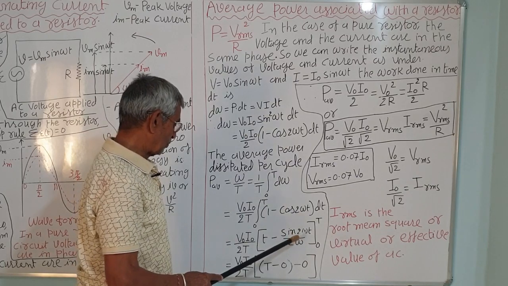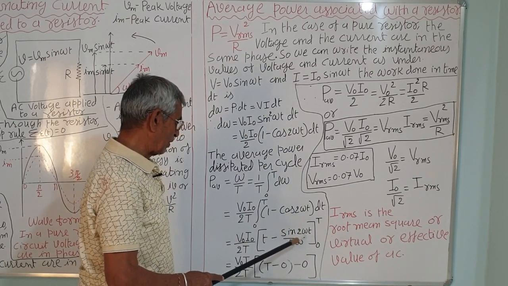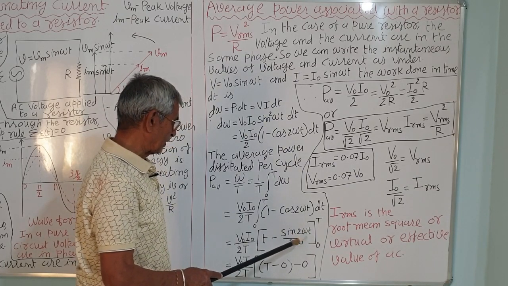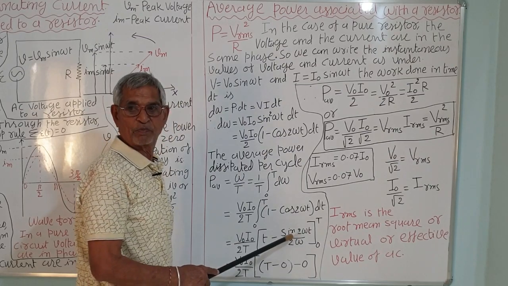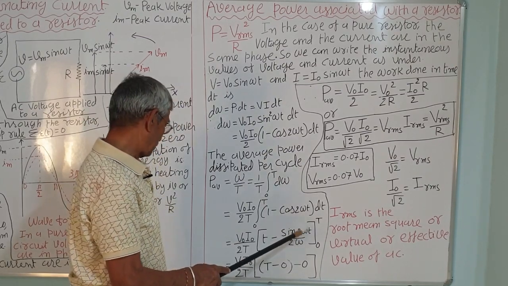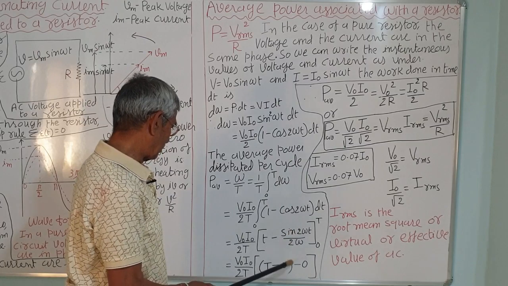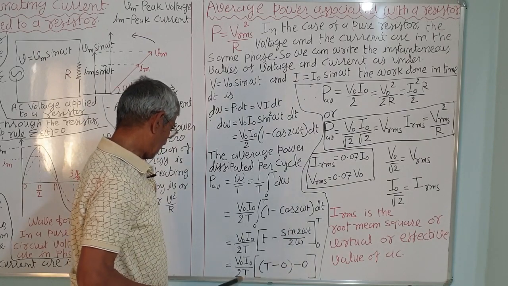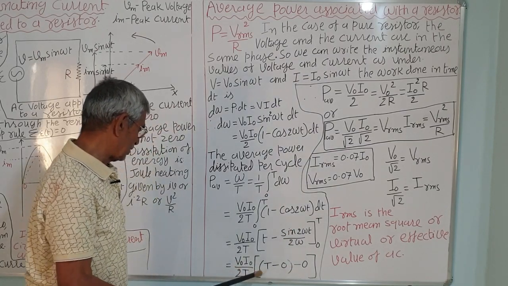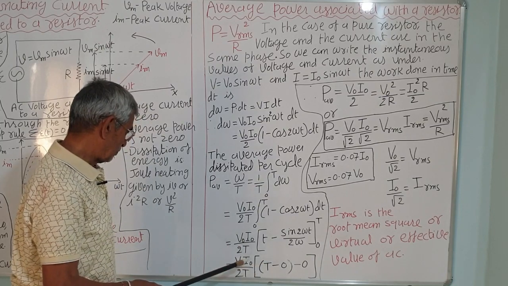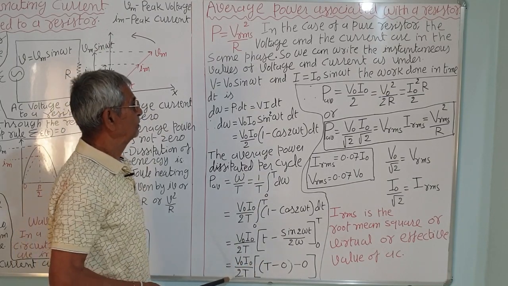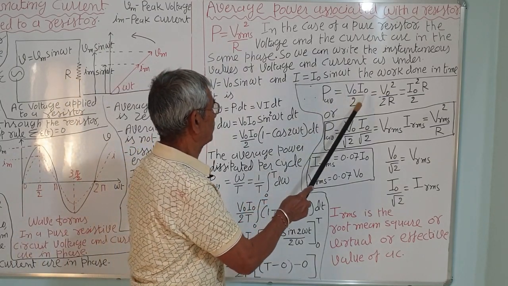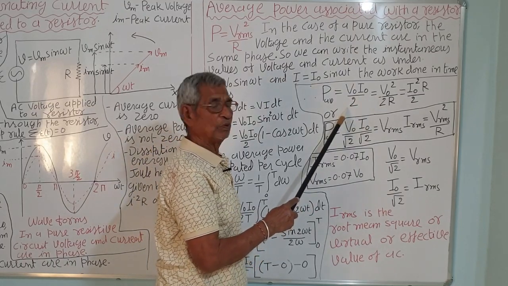You know that omega is 2 pi upon T, and this is T, so T will be cancelled, 2 pi into 2 is 4 pi, sin 4 pi is 0. So this term will be 0. So we have got V0 I0 upon 2T into T, T cancels, V0 I0 upon 2. So average power is V0 I0 upon 2.